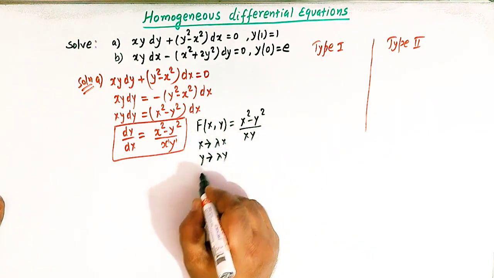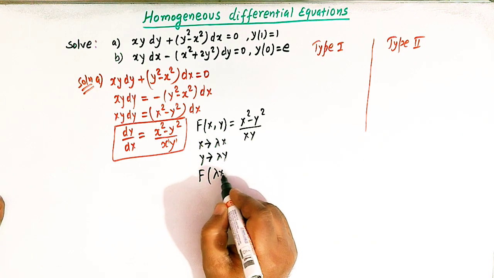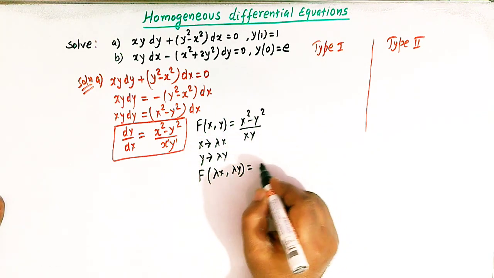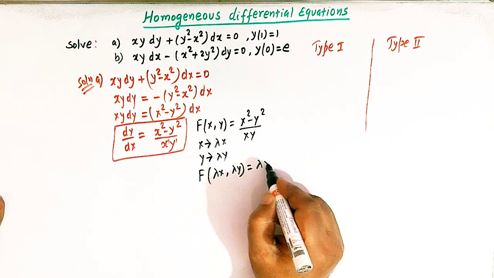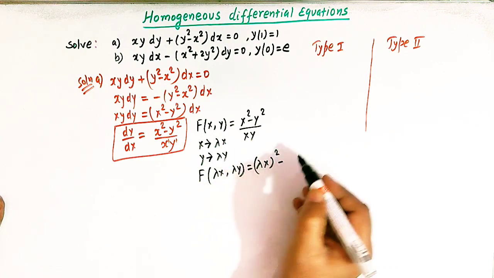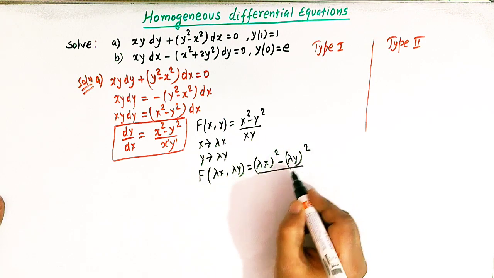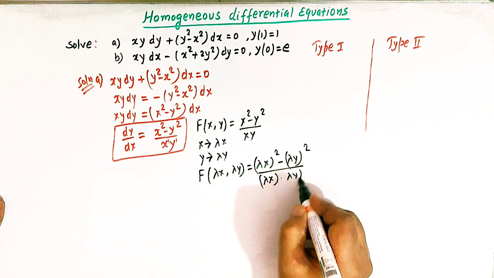What we will get is f of lambda x comma lambda y, where for x we have (lambda x) square, and here we have (lambda y) square, over (lambda x) times (lambda y).